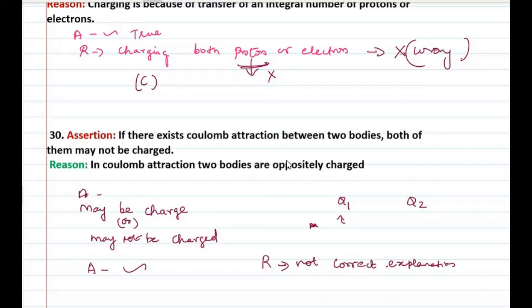One body can be positive, the other body can be negative, or the other body may not be charged. So the reason is not the correct explanation of the statement. Hope you have understood.